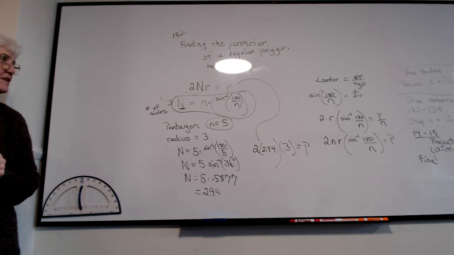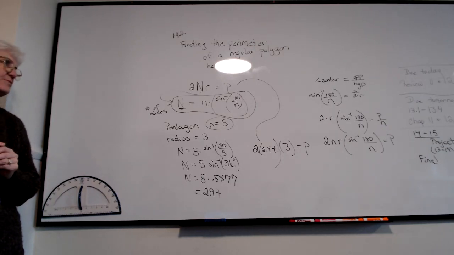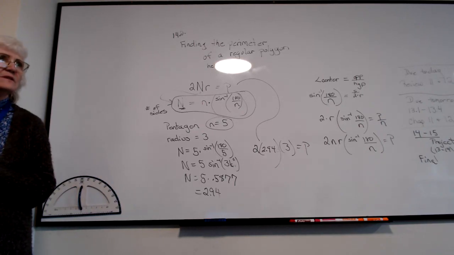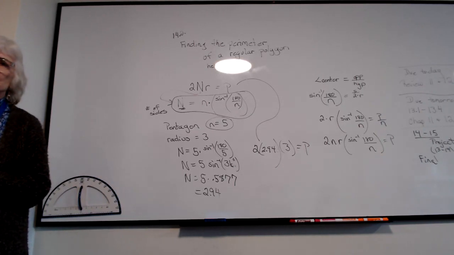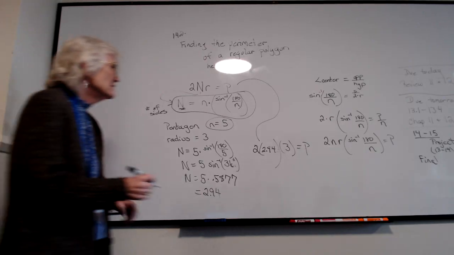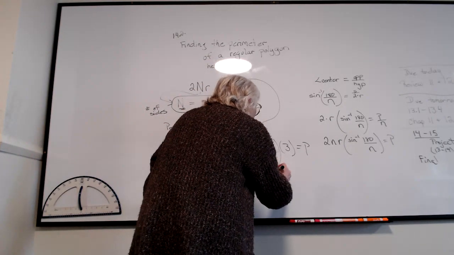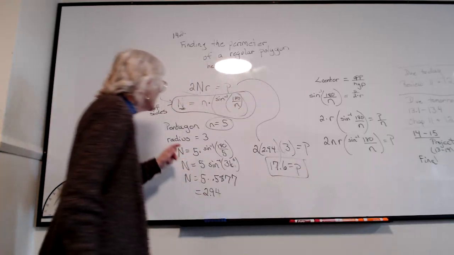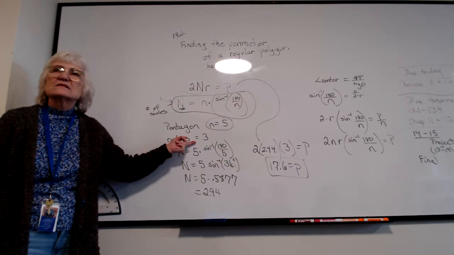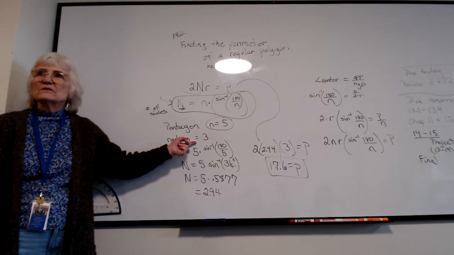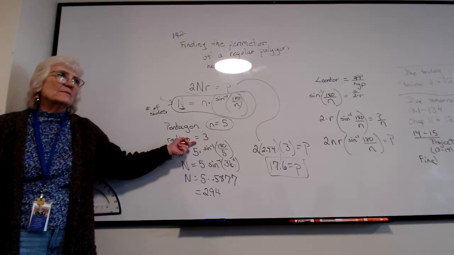So 2.94 times 2 times 3, it's a little less than 18, 17 something, is that correct? Yep, 17.6. 17.6 is the perimeter of the pentagon that has a radius of 3 for the circle that is circumscribing it.